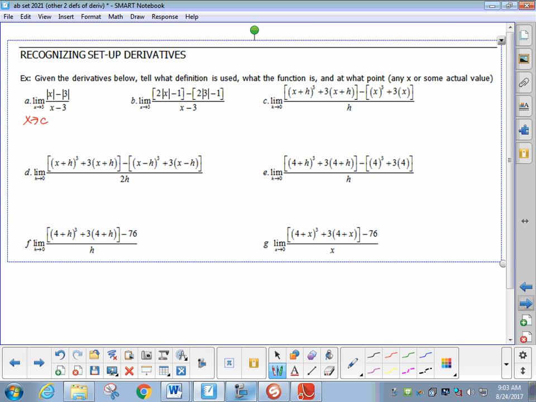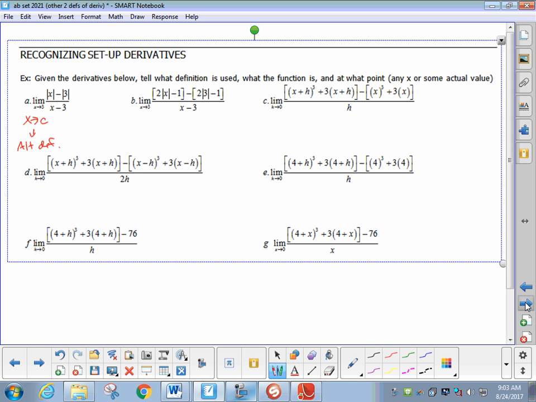If it's x going to a constant, then it's probably an alternate definition, where you have some numerical value and some x point, and you bring them close together. So looking at this, that's probably the alternate definition.